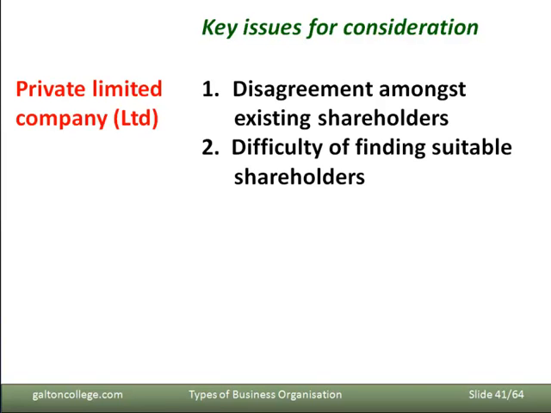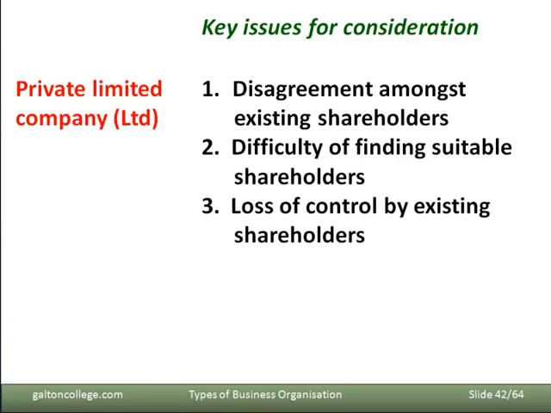It may be difficult to find suitable shareholders. It's not just a question of finding shareholders, but finding the right ones who will share the aspirations of the business and share the ideals and contribute to the business. Of course, as new shareholders come in, the existing shareholders will be losing some control, and they may resist that or may not like it. So that's an issue.